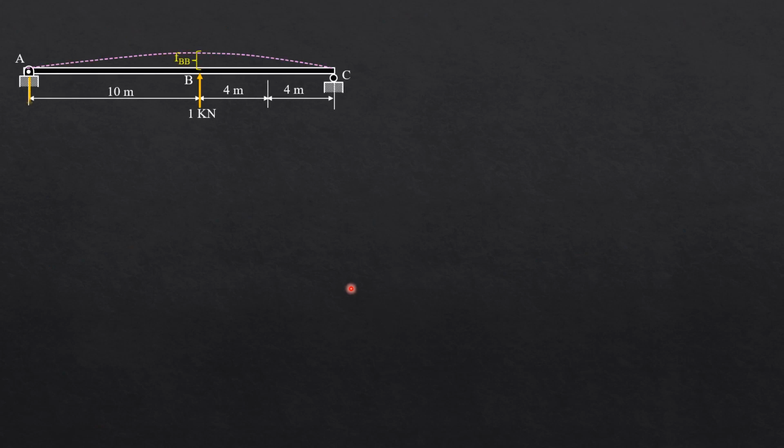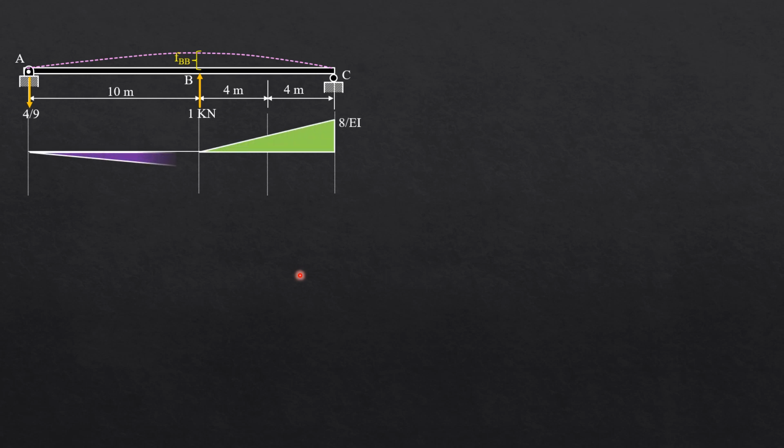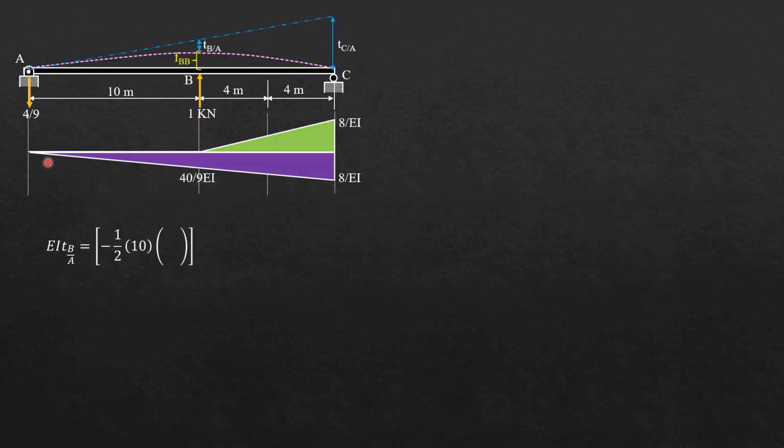So let's have the same figure repeated here. EI deviation of B relative to A is moment of area between A and B with respect to B. And it is negative because the area is negative.